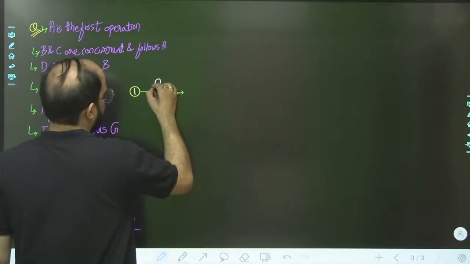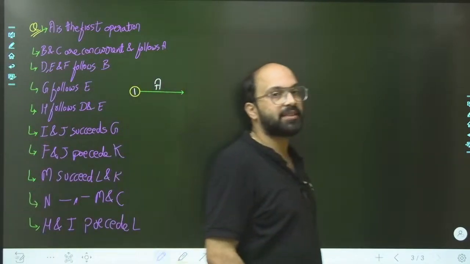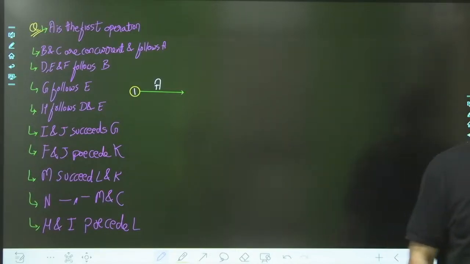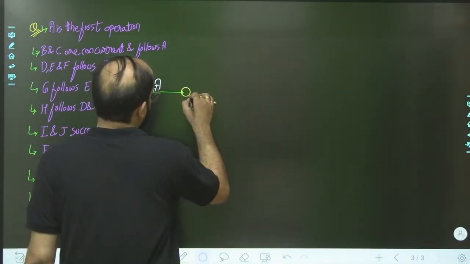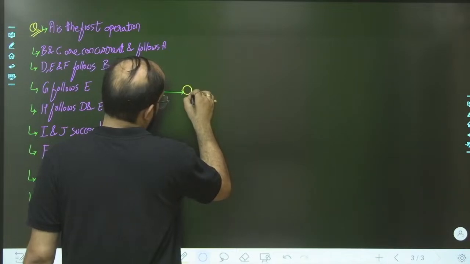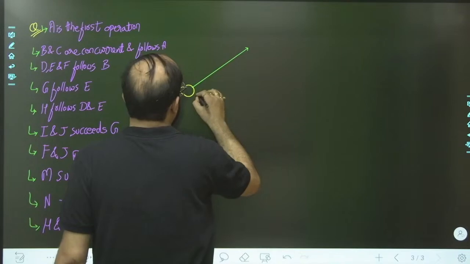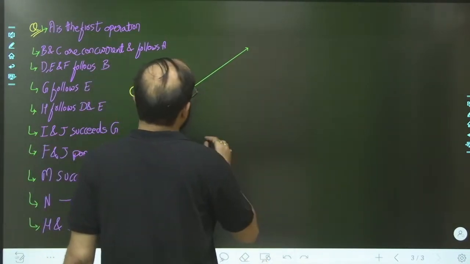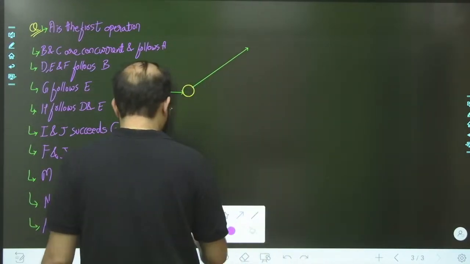So this is A. Now A is a predecessor of two activities, B and C. So there are two activities, B and C. Now as you know, C is what?